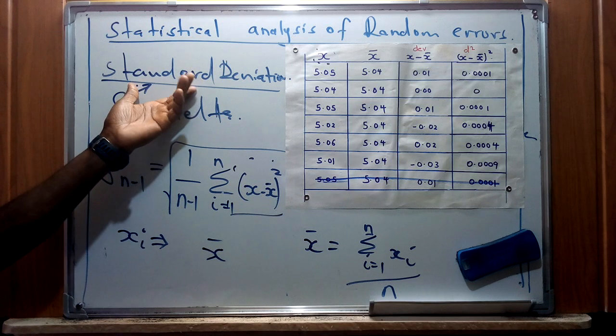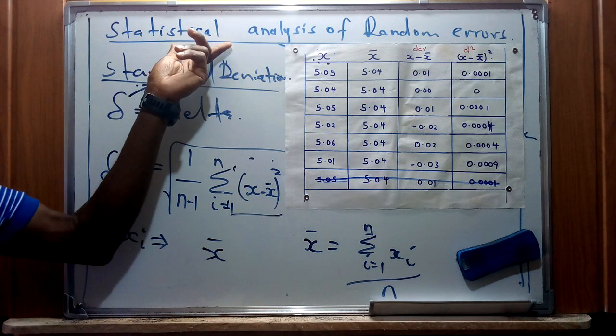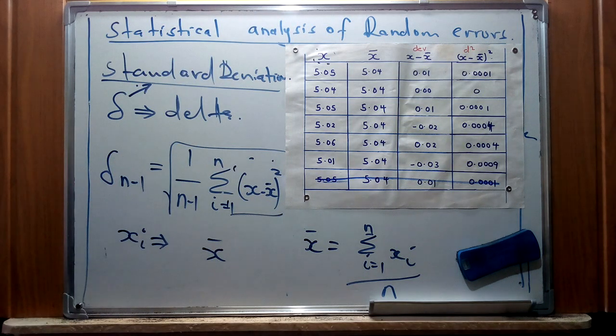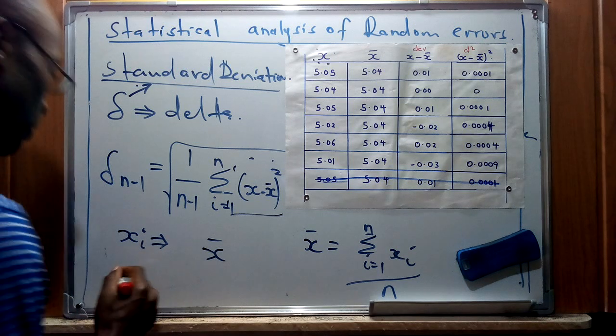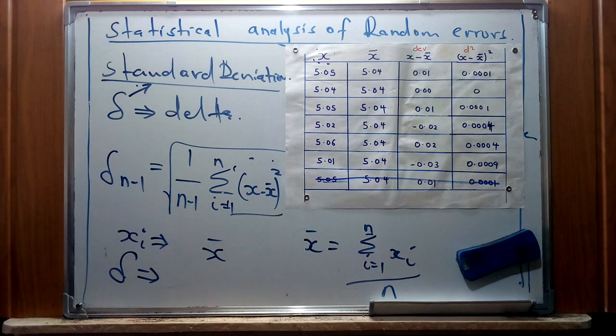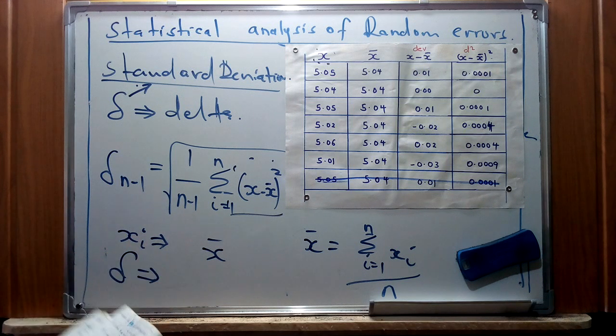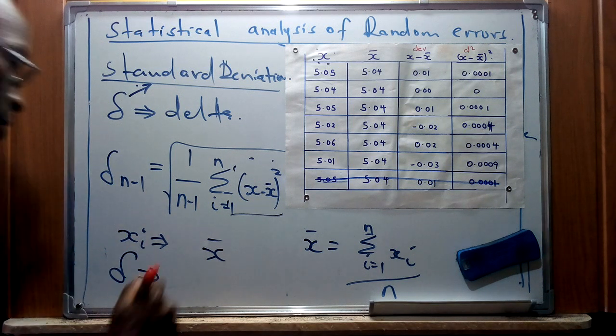So the concept of standard deviation, apart from the mean, is one of the strategies that we can use in order to analyze these random errors. As the value of the standard deviation becomes small, the spread of the measured values is going to indicate high precision.